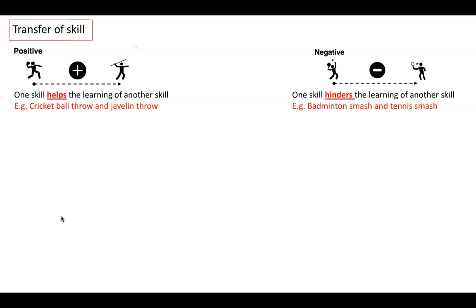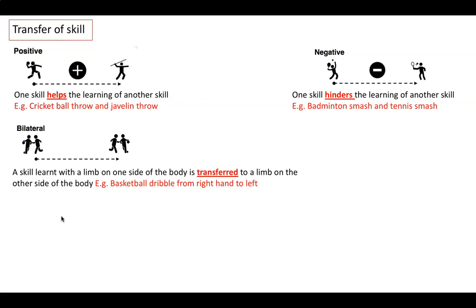Then we have this transfer called bilateral. Bilateral transfer is when a skill learned with a limb on one side of the body is transferred to a limb on the other side of the body. For example, basketball dribble from right hand to left hand. If we look at the word bilateral, bilateral meaning two, as in bicycle, two wheels. If we get rid of the B and the I, we have the L, limb.